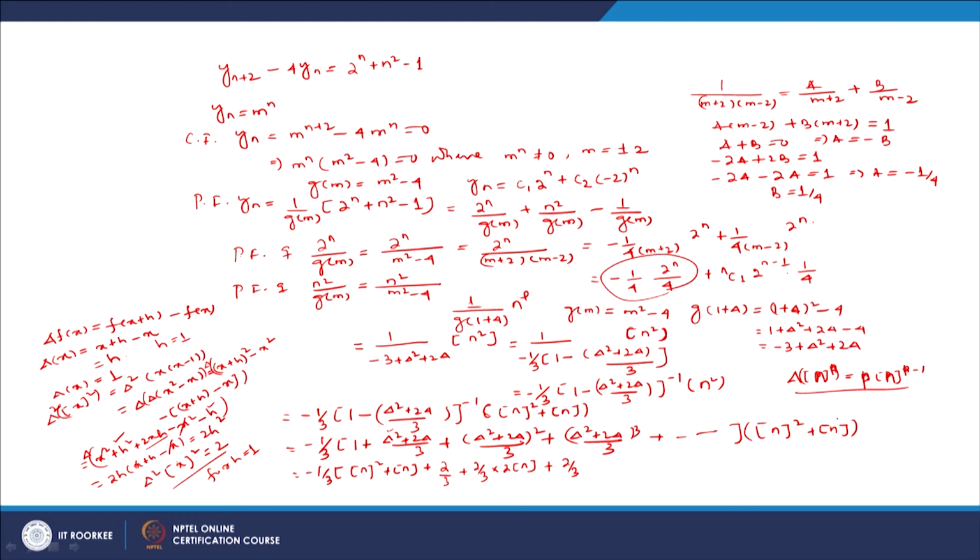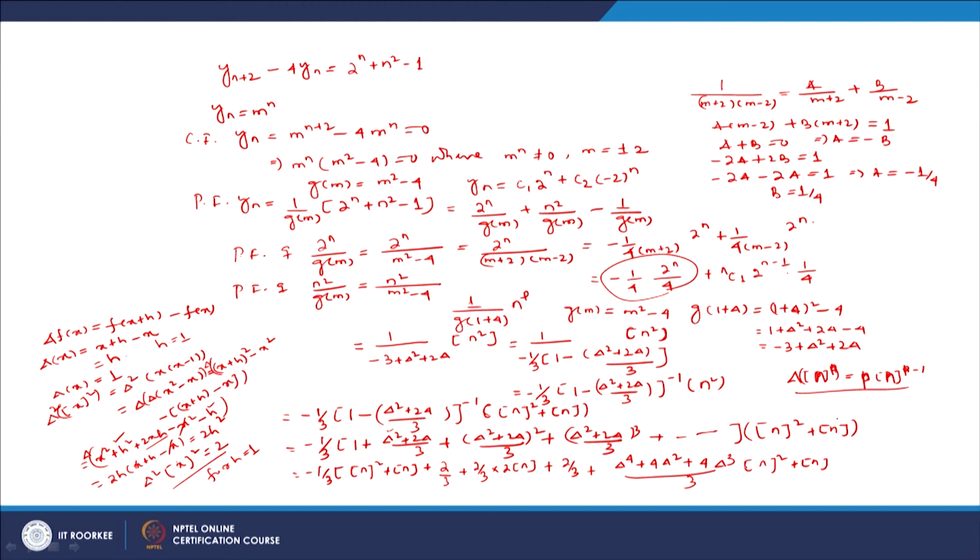Then for the next value we have del to the power 4 plus 4 del square, then 4 del cube by 3 operated on bracketed n square plus bracketed n.